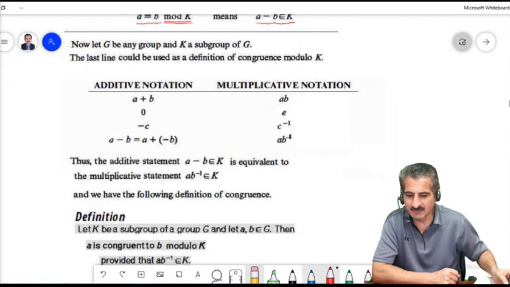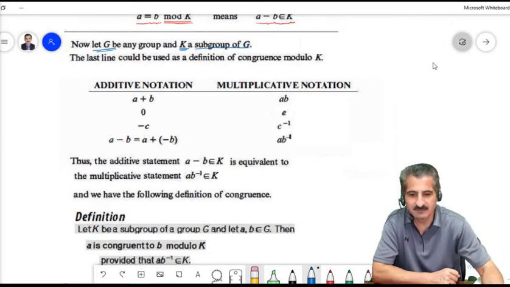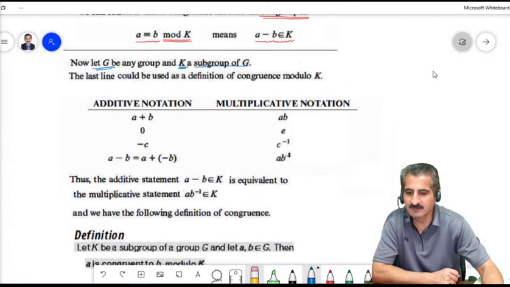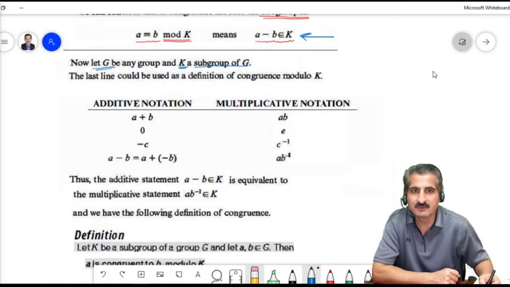We start with G, a group, and choose any subgroup K of G. Then we generalize the last line to define congruence: what does it mean for two elements to be congruent modulo a subgroup K?